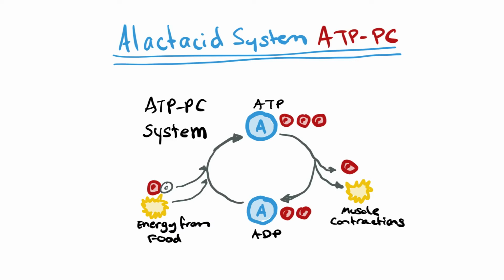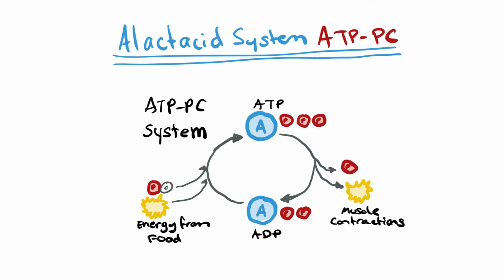And when we look at the recovery rate, it's about 50% recovered in approximately 30 seconds, but fully recovered within sort of 2 minutes. So this is where we can have a short break in between short bouts. So for example, if you're just doing a couple of weight lifts in the gym, you could then have 2 minutes break and then go back to another set of weights within the gym.